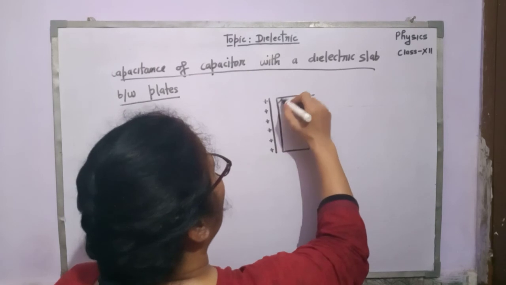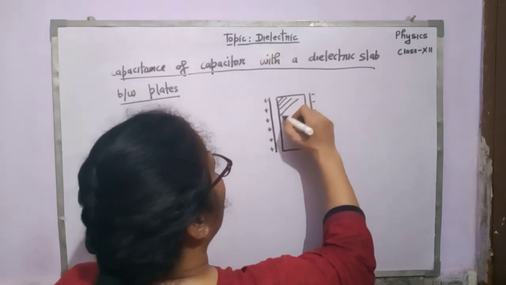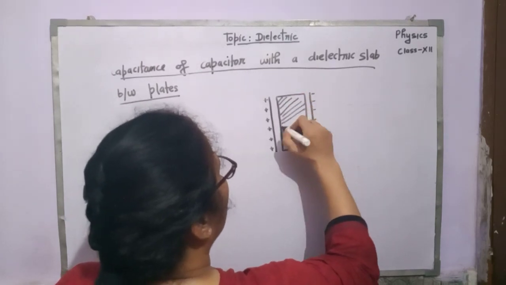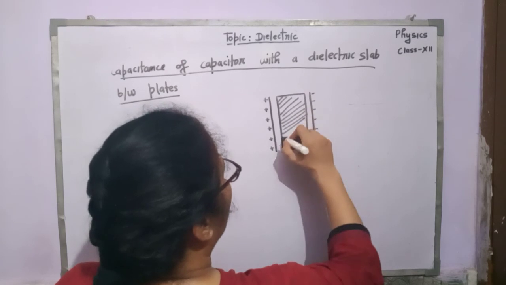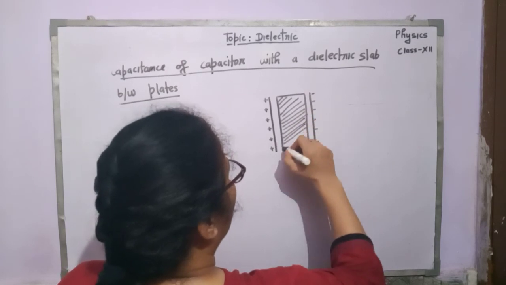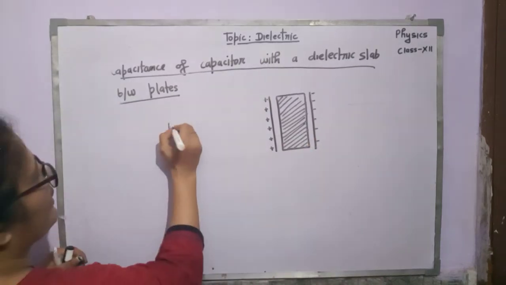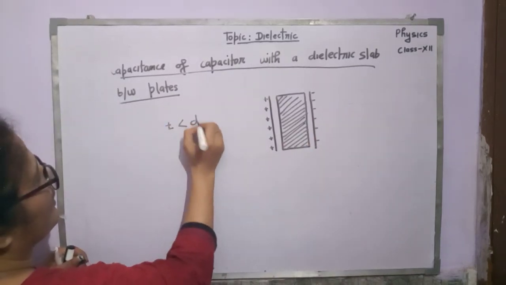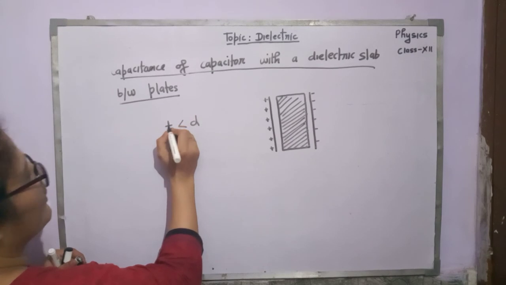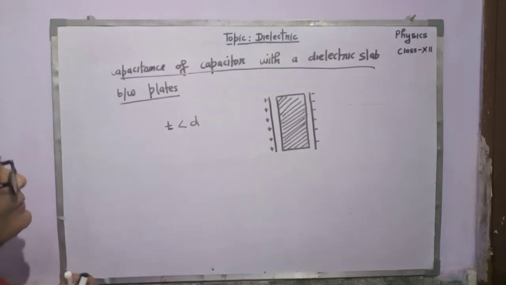Its thickness is not equal to the distance between the plates. Here you can say thickness T is less than D. What is T? T means the thickness of the dielectric slab.